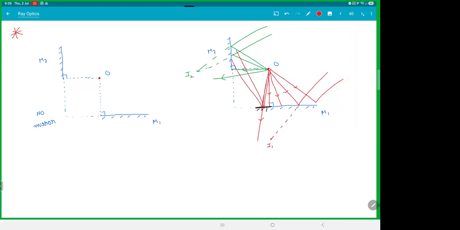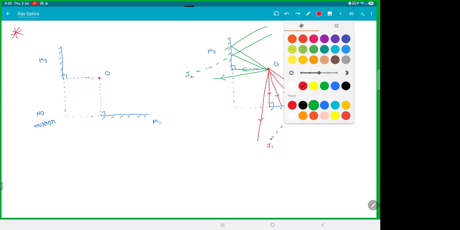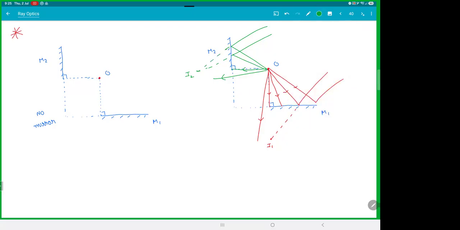Now suddenly M2 knows there's an I1, it will create one more image. Are you getting the difference? For a mirror to form an image, you need to have light rays. So if you break a mirror like this, there are no light rays going from one mirror to another. So in this case, you get only two images. So the answer is two images.